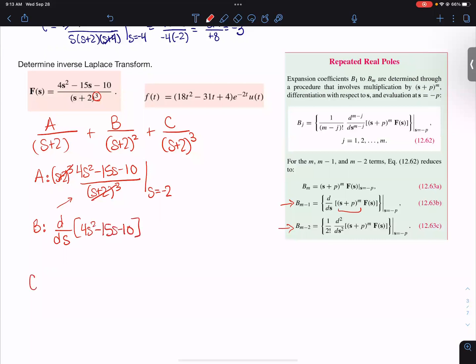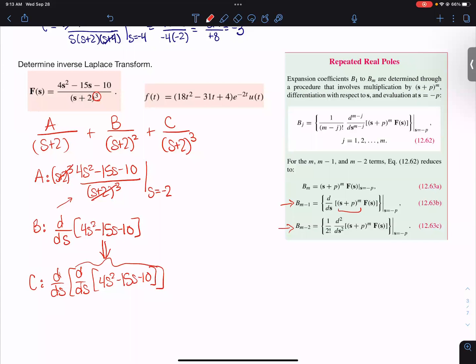And then C is going to be the derivative of that. So that gives you the second derivative.